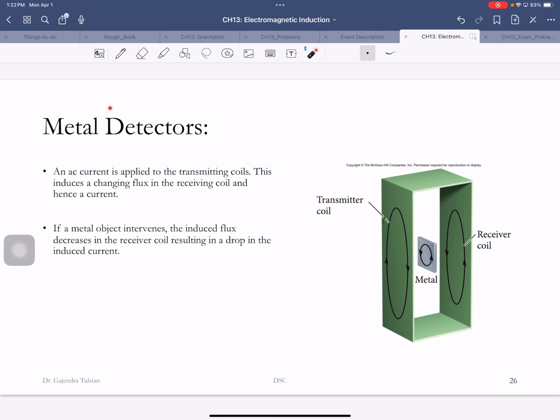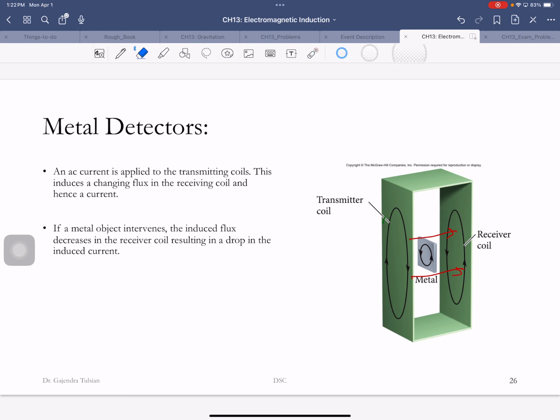You guys know how metal detectors work? So here's an AC loop. When the current is flowing this way, it's producing a magnetic field like that, and when the current is flowing in the opposite direction, the magnetic field is like that. So this AC current produces a magnetic field that is changing, and the changing magnetic field induces a current in the receiving coil.